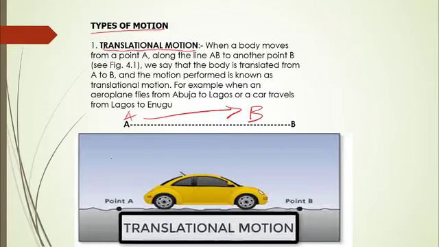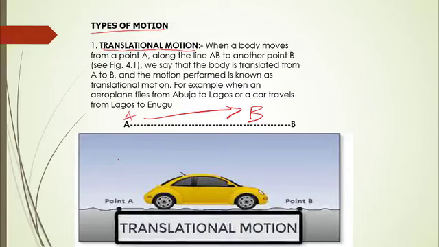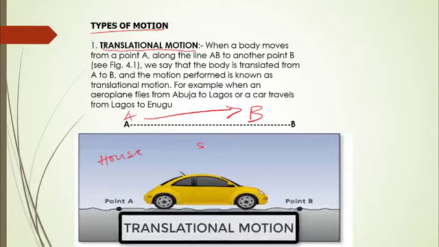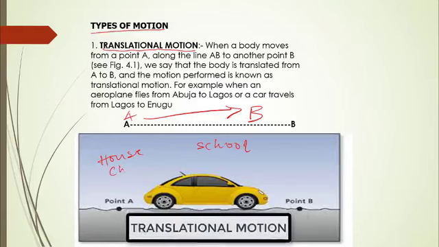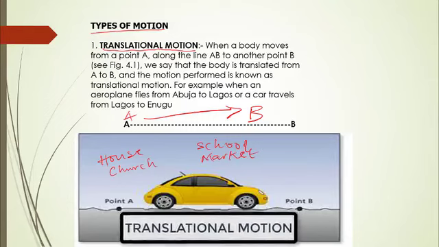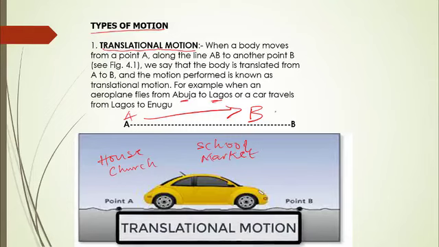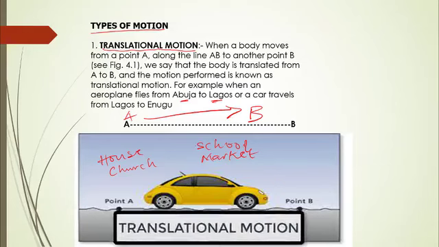Traveling from your house to another state, or from the church to the market, is translational motion. For example, an aeroplane flying from Abuja to Lagos in Nigeria is an example of translational motion.